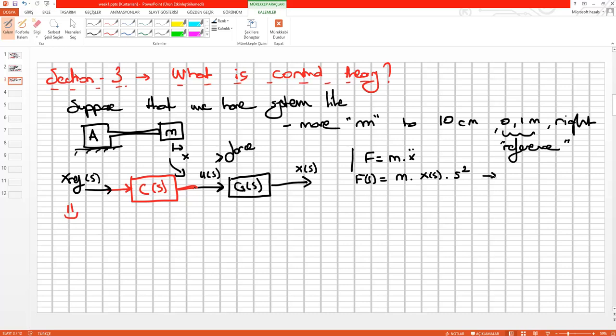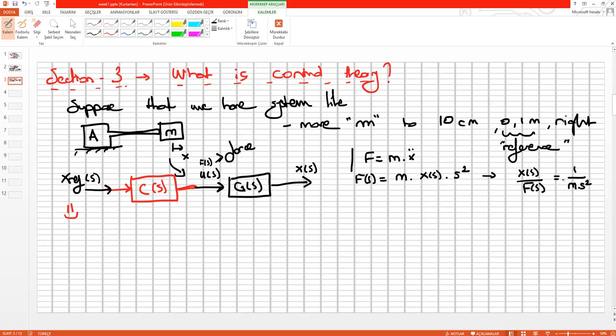And so we have U(s), and X(s) over U(s) is simply F(s), right? So X(s)/F(s) is equal to 1 divided by m times s square. This is the plant equation of this system, okay?